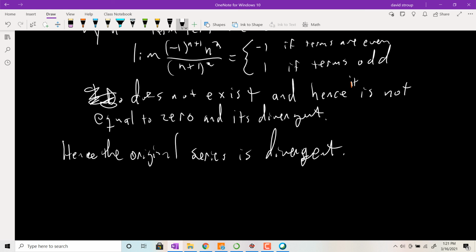I haven't really gotten into an example, but that's the idea. If it's absolutely convergent, you can rearrange the terms of the series however you want, and it doesn't affect things.